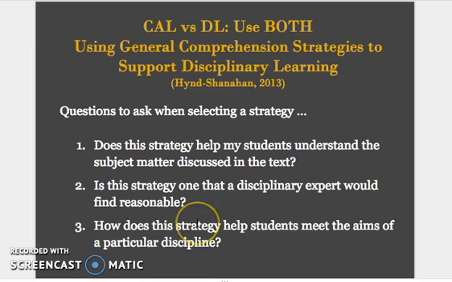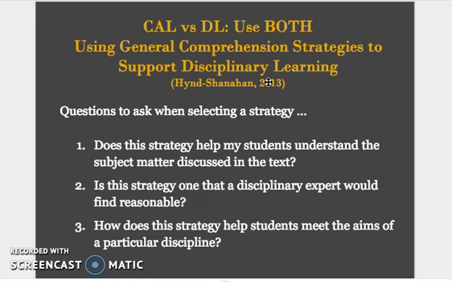So when thinking about content area literacy and disciplinary literacy, and which to teach as a teacher, the answer is to use both, to teach both. That doesn't mean that your students have to be an expert at both, but consider how the general comprehension strategies of content area literacy can be used as touch points and stepping stones to supporting discipline-specific literacies.